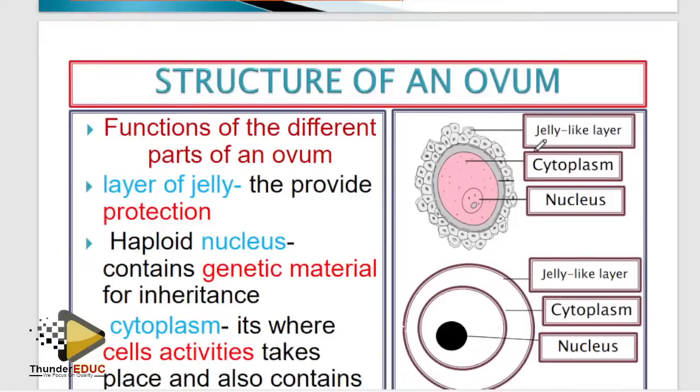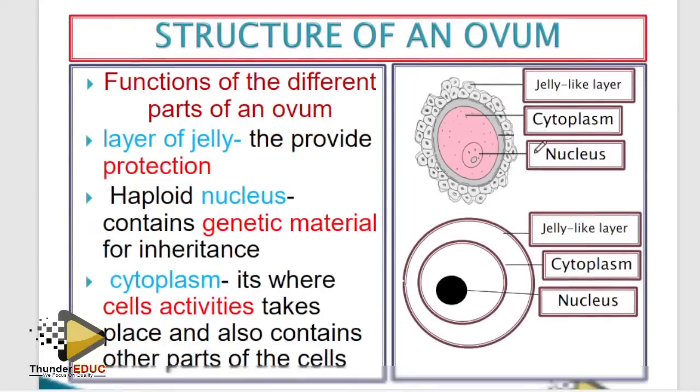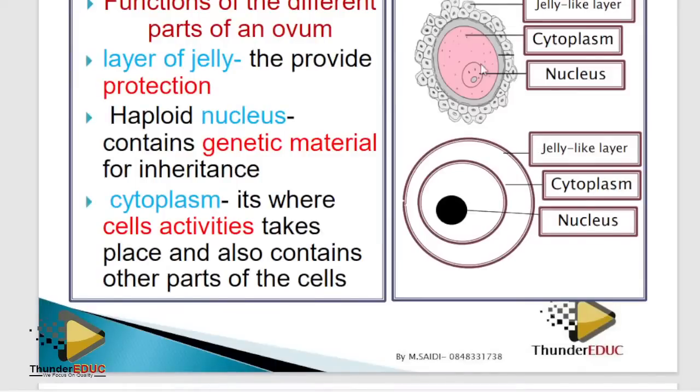Ovum, this is simple. Very few things they ask you here. You understand? Labeling, cool, you know it. But sometimes students confuse. The outer layer is called the jelly-like layer. The next layer you see here, we call it what? This one, cell membrane. I think I didn't label it.